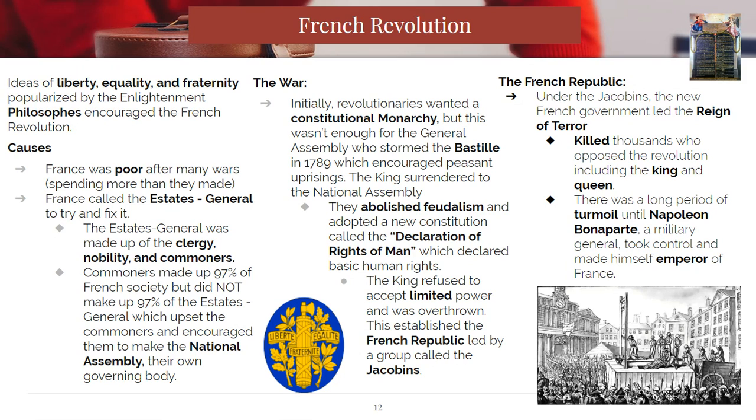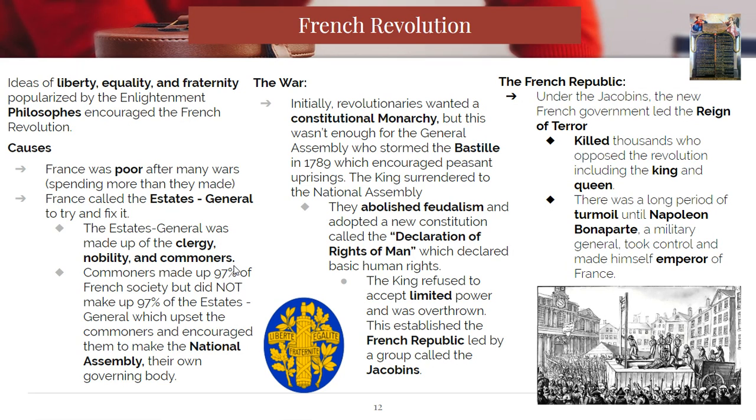I don't know if this slide has it on there, but the first estates were the clergy, the nobility, and the commoners. The clergy was in the first estate. The second estate was the nobility, and 97% of the people in France were in the third estate. They were the commoners.